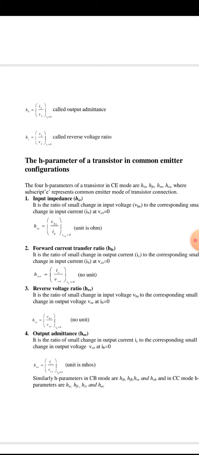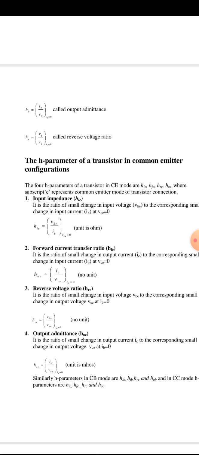So HRE is equal to the input voltage VBE, between base and emitter, upon the output voltage VCE. HRE is equal to VBE upon VCE, under the condition that input current IB is equal to 0.